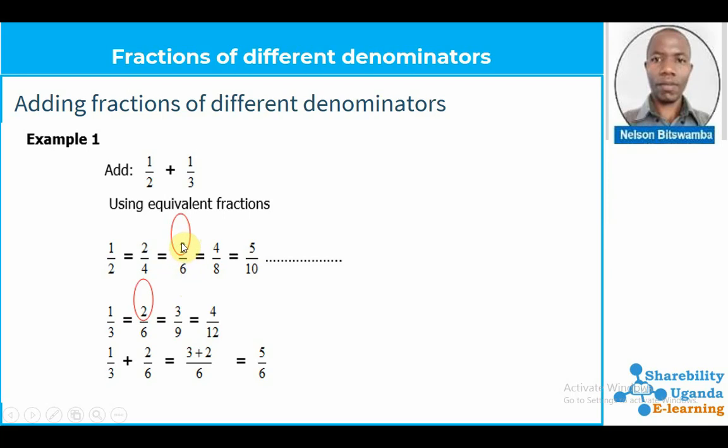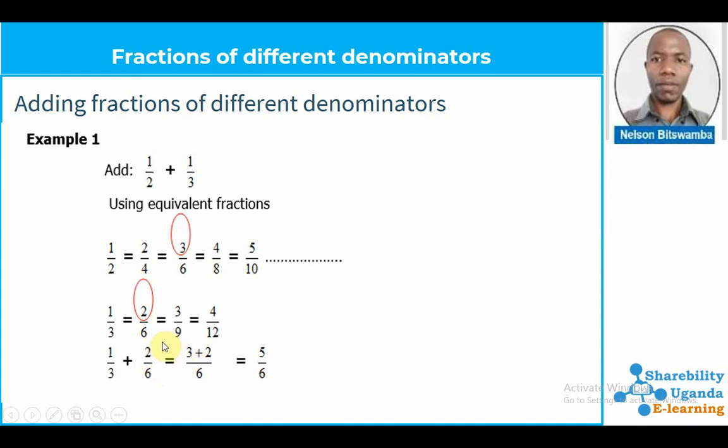When we take these fractions as our common fractions, we say 1 out of 3 is equal to 2 out of 6, which is the same as what we get here.